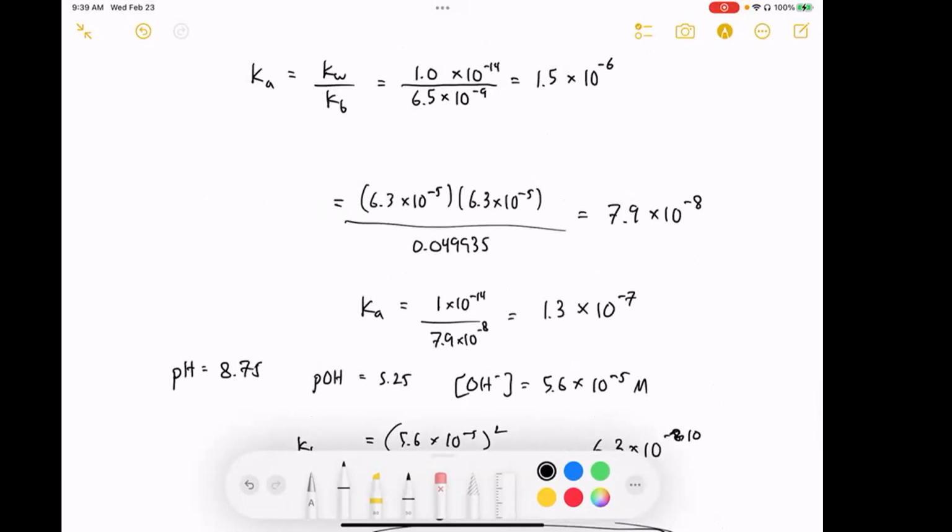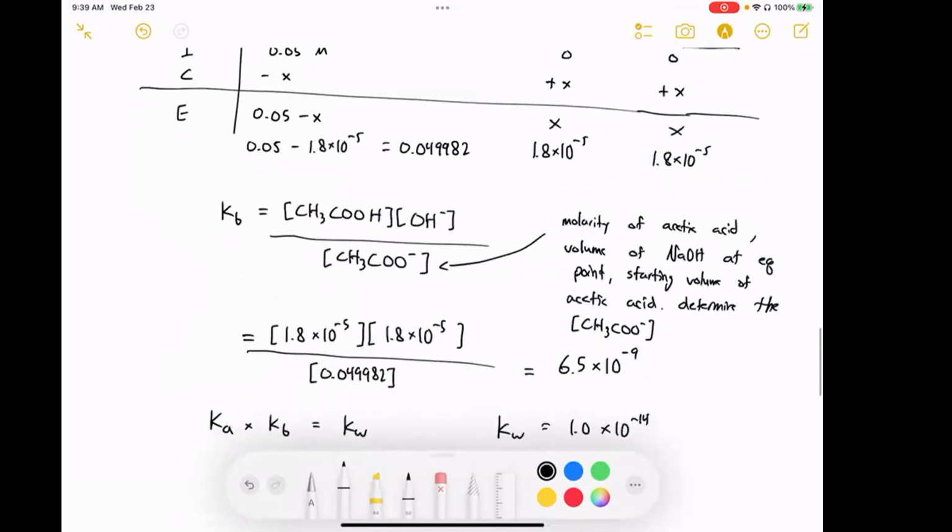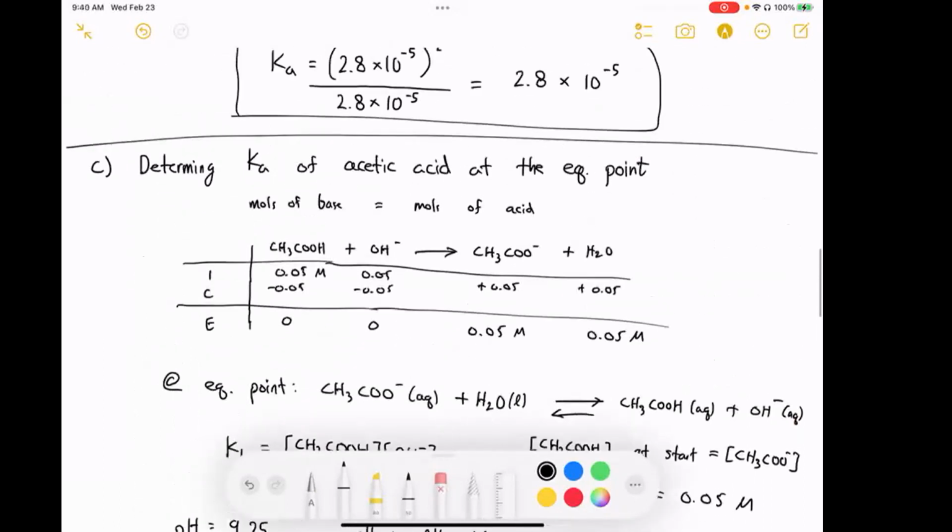But lastly, determine the concentration of acetic acid and acetate ion at the midpoint. So we already did that. We kind of already just went over that right here at the midpoint.